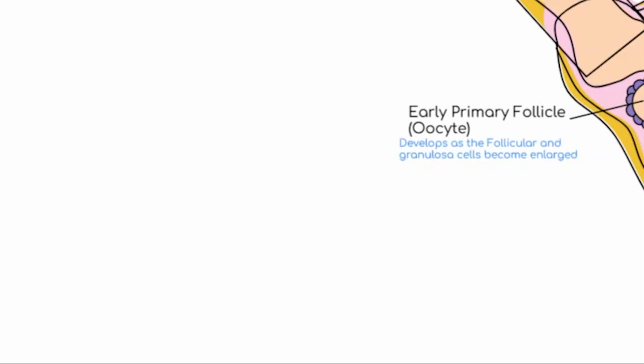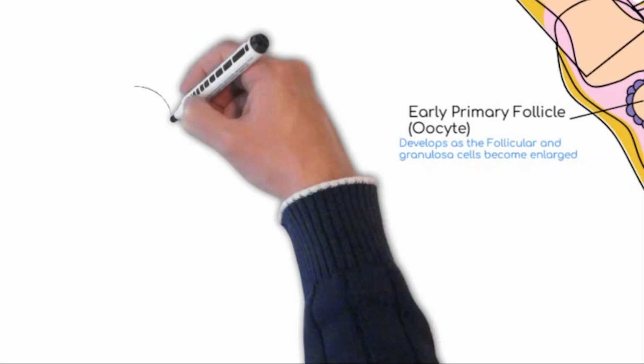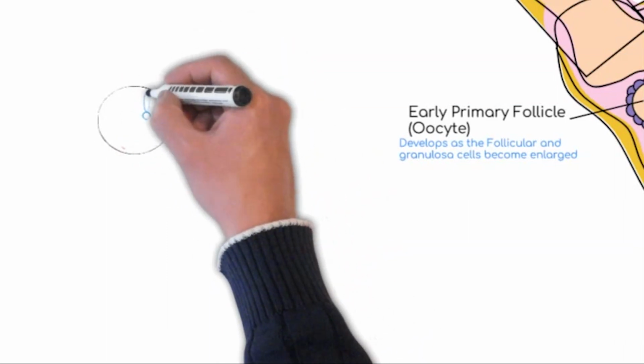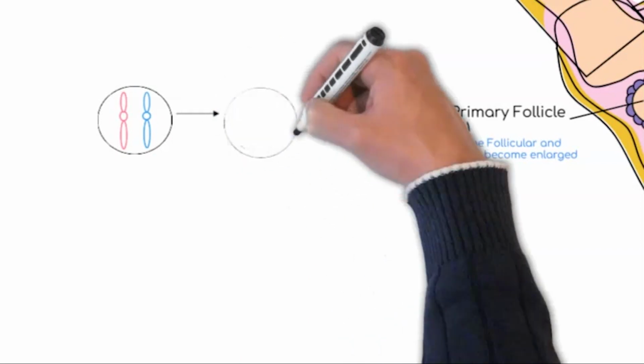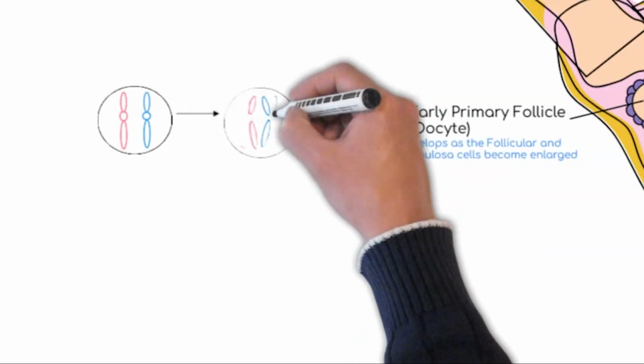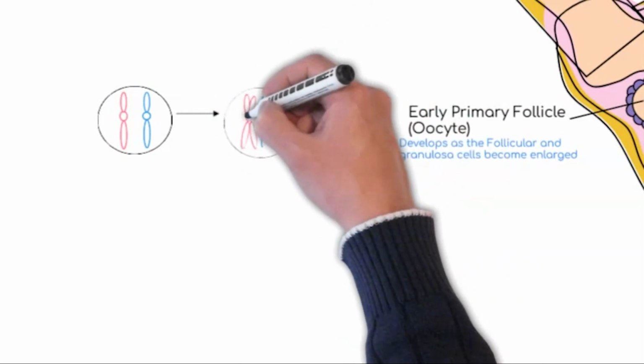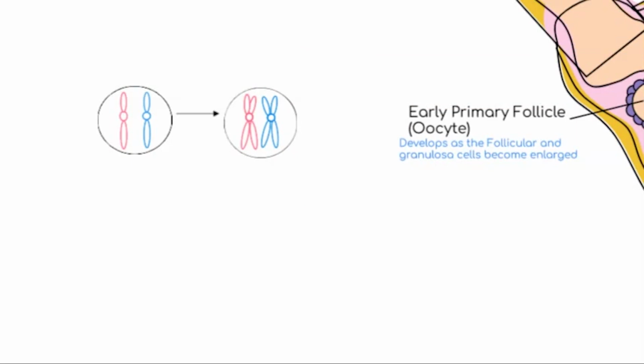It's going to double its DNA, right? So now we still have 46 chromosomes, but they are double structured. So that's the difference between going from the oogonium and now into the primary oocyte.